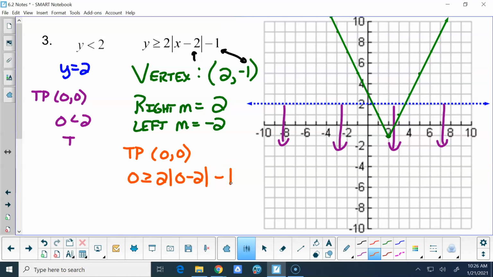Absolute value of negative 2 is positive 2. Positive 2 times 2 is 4. Minus 1 is 3. So I get 0 is greater than or equal to 3. True or false? That's false. So in this particular case, since my test point was on the outside, I would shade then on the inside.